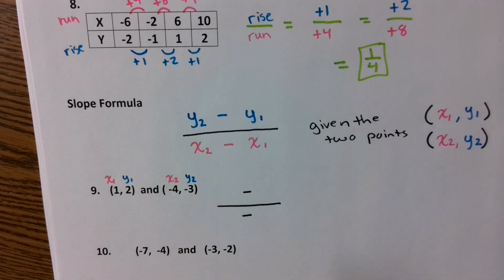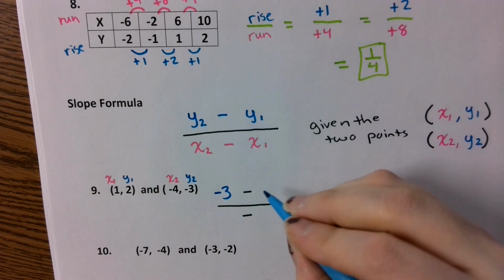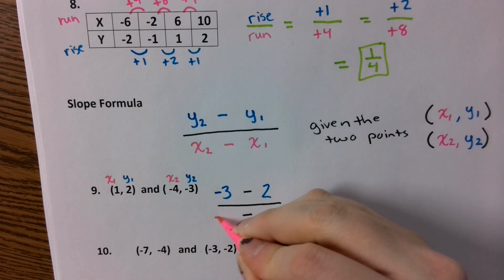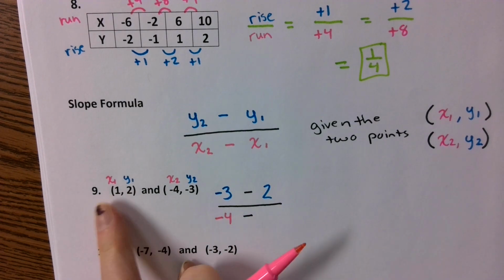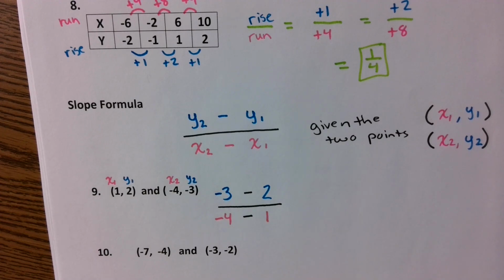Our y2 value is a -3. Our y1 value is a +2. Then at the bottom, I have to put my x2 value first, which was -4, and then my x1 value second, which is +1. The order that you subtract matters. If you change your order, it changes the answer. So be very careful.